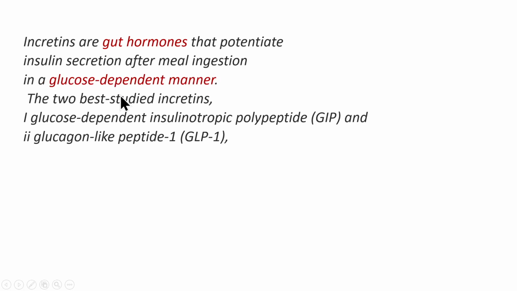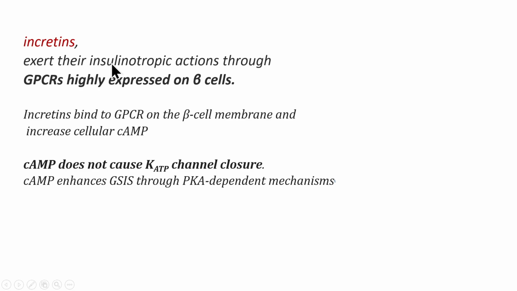The two best studied incretins are glucose dependent insulinotropic polypeptide, abbreviated as GIP, and glucagon like polypeptide 1, abbreviated as GLP-1. Incretins exert their insulinotropic actions through G-protein coupled receptors which are highly expressed on the beta cells. Incretins have no effect on ATP gated potassium channels.